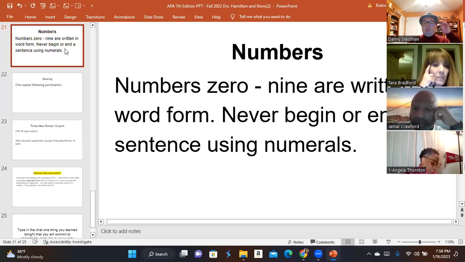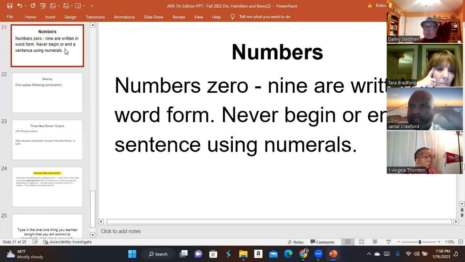Yeah, that's what previous students have done, as long as you have spelled out your school name first. I would probably start mine off with spelling out Flat Rock Middle School, and then if I'm going to reference something from PowerSchool, I would say FRMS PowerSchool, and then 2023 at this point.